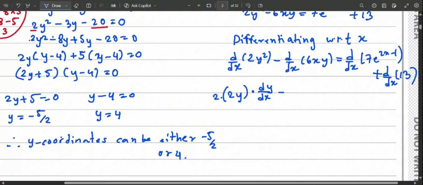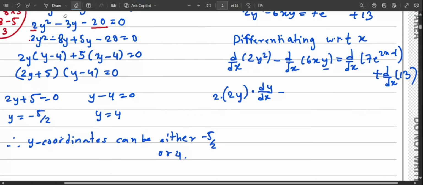Next, we have to find the d dx for 6xy. We know that we have assumed y as a function of x. So what we can see from here, we have two functions. One is 6x and another is y that are multiplied together. And we cannot simplify this. That's why we have to use the product rule to differentiate this.